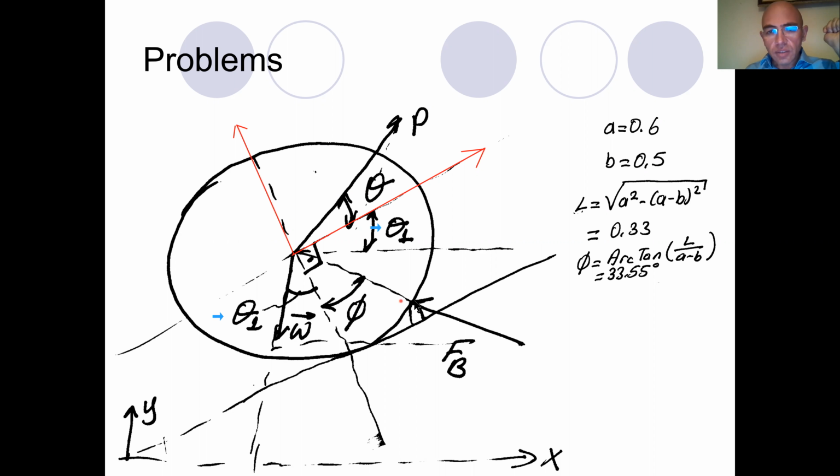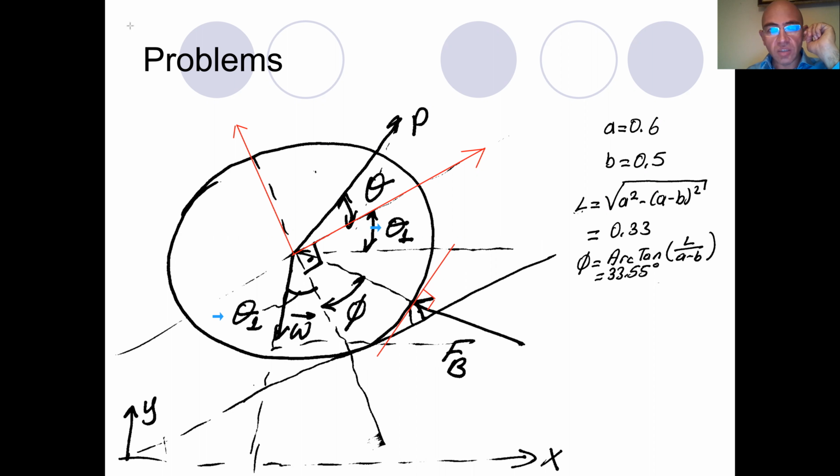Now, as I said, contact force FB is perpendicular to the tangent of the surface at the point of contact. So this angle is 90 degrees.